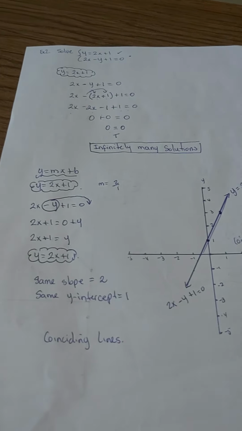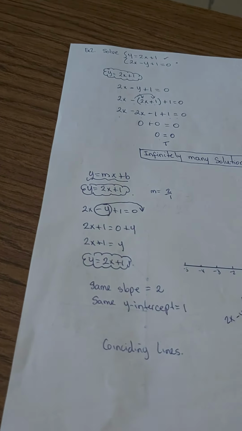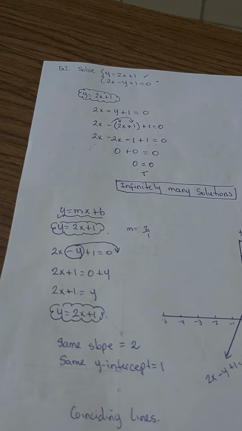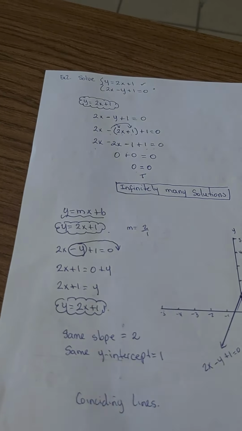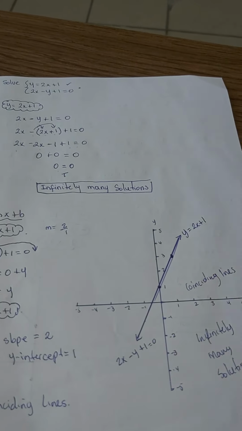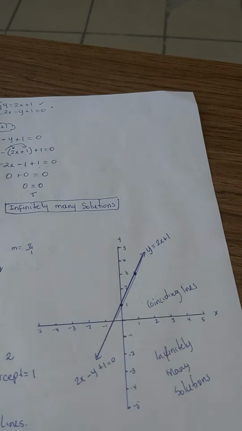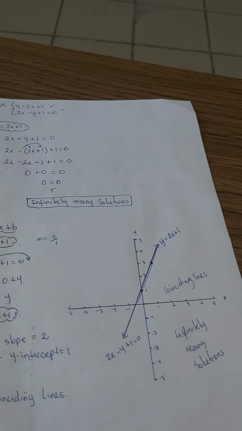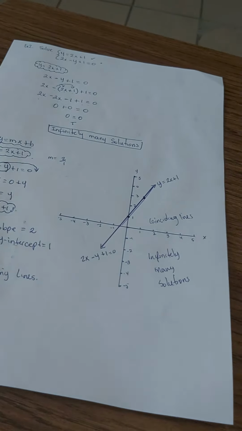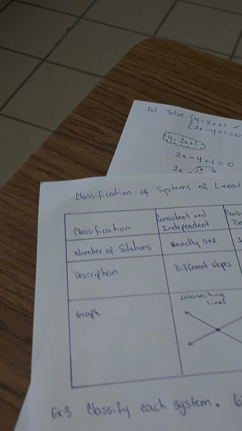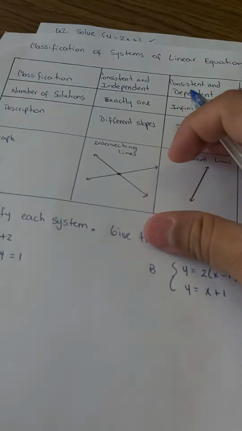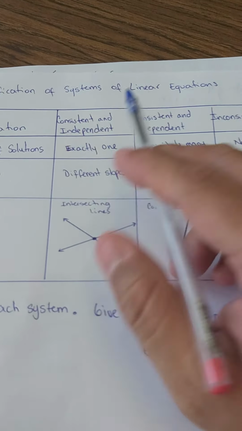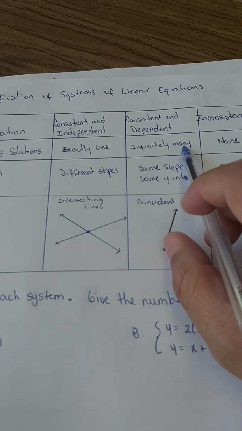Okay? Now, let's talk about the classification of systems of linear equations. A system of linear equations can be classified, we said, as consistent or inconsistent. A consistent system has at least one solution. What does that mean? It means that it may have exactly one solution or infinitely many solutions.